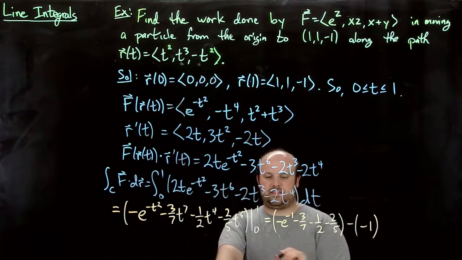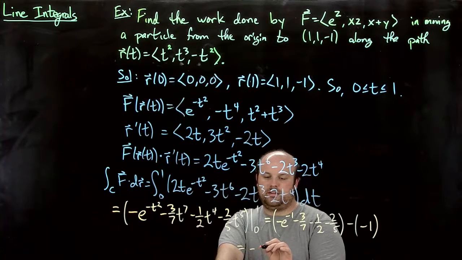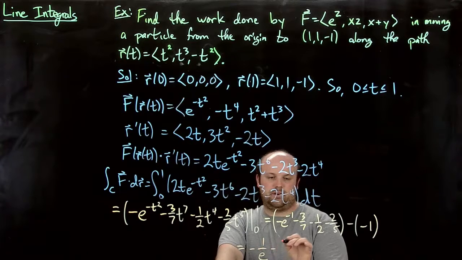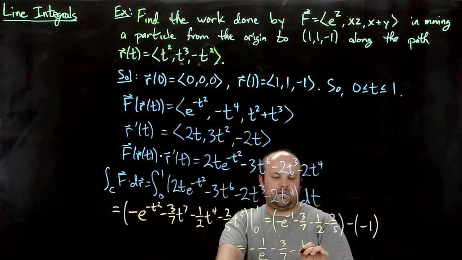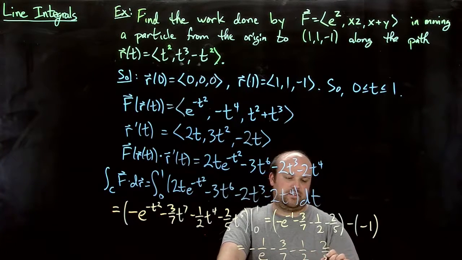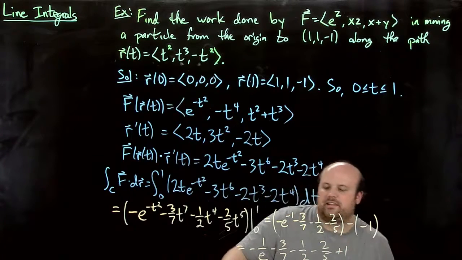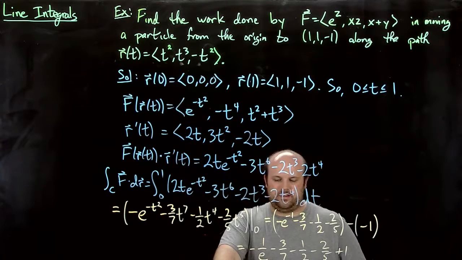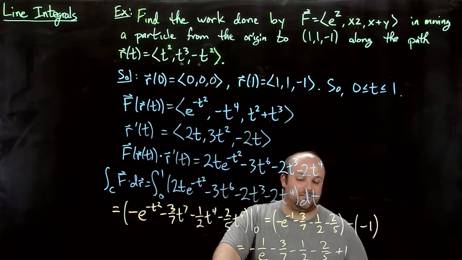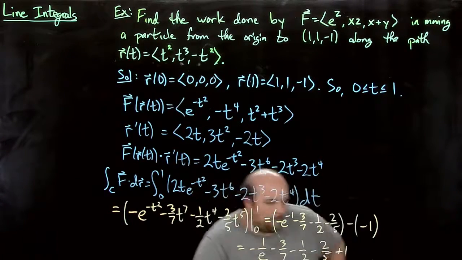So that gives us negative 1 over e, minus 3/7, minus 1/2, minus 2/5, plus 1. We can simplify that if we really wanted to. I don't think any of us really want to, so we'll leave it here.